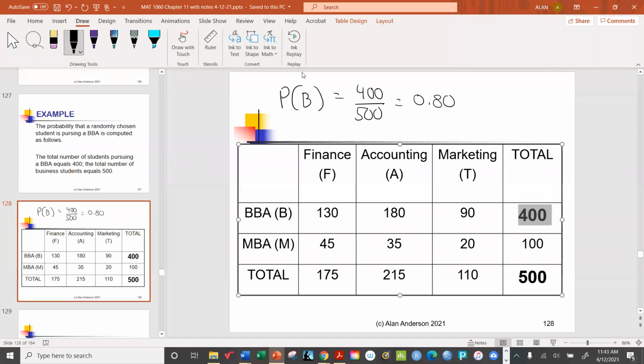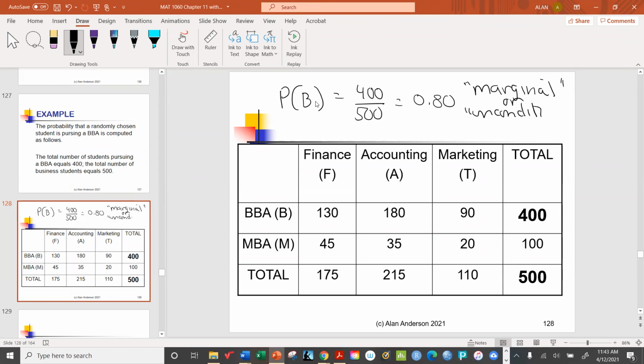And also, if you look carefully at the way I've written this, it's just the probability of B. There's no intersections here. So this type of probability is known as a marginal, or sometimes it's called an unconditional probability.